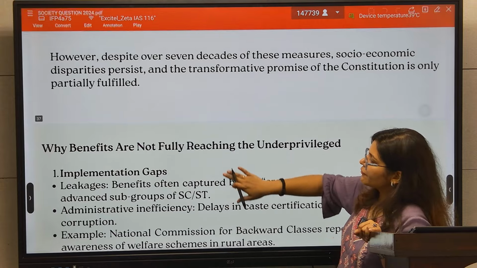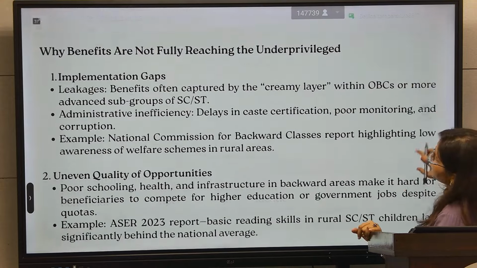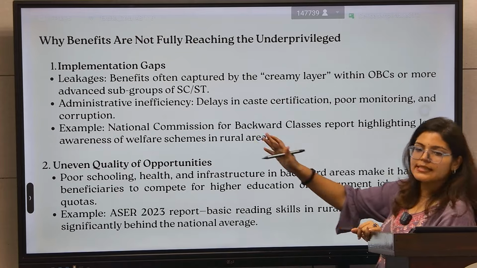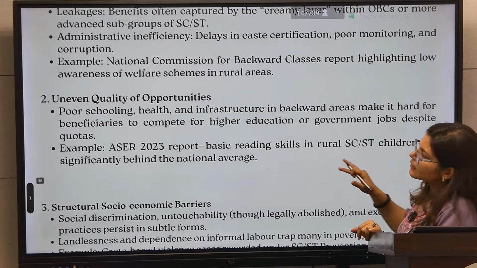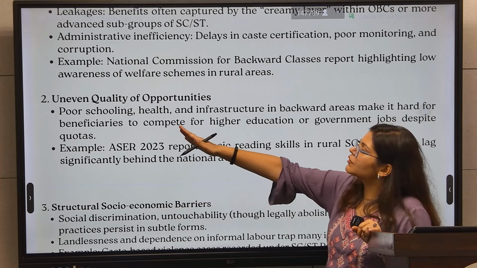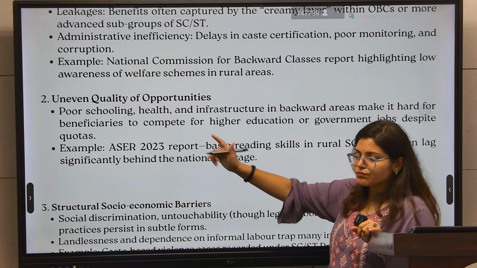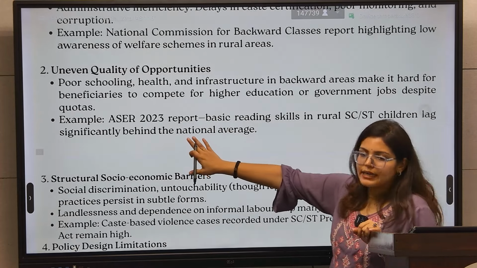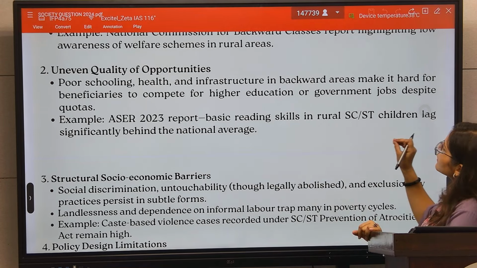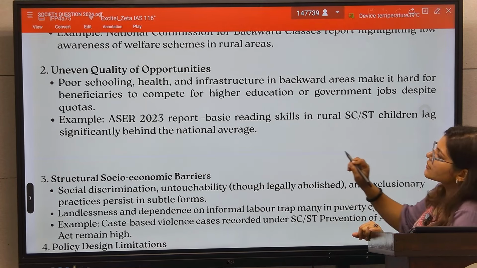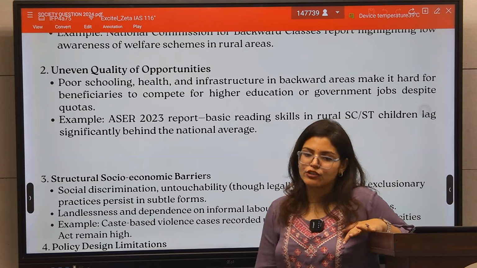Why are these full benefits not reaching the underprivileged section? One is implementation gap, there are bureaucratic hurdles, there is uneven quality of opportunities. You can give data also. There is the ASER 2023 report that basic reading skill in rural SC/ST children lags significantly behind the national average.